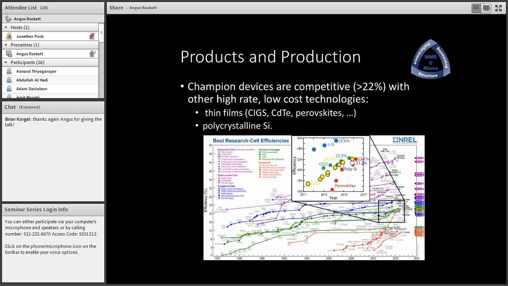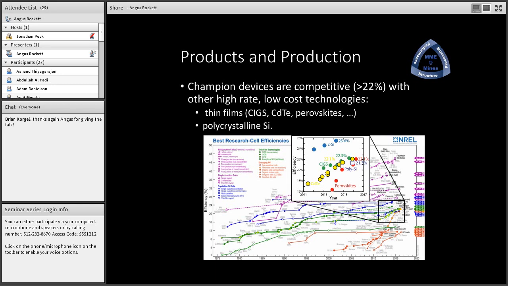So let's turn now to looking at some of the products, and of course we need to start, no talk is complete without the NREL efficiency chart. So I've expanded the part of the efficiency chart that relates to the materials we're talking about today.